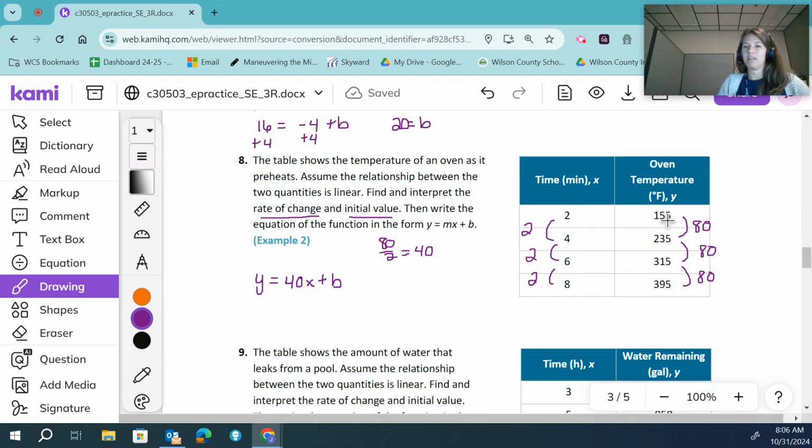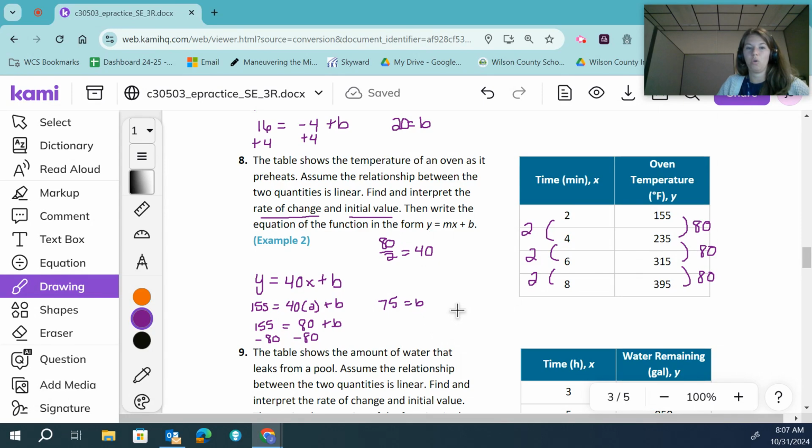And again, I'm going to substitute in with what they give me. 155 equals 40 times 2 plus b. And I get 80 plus b equals 155. And if I subtract 80 from both sides, I get 75 equals b.